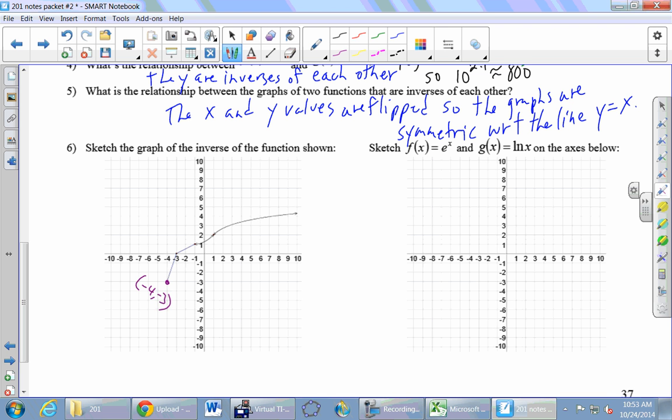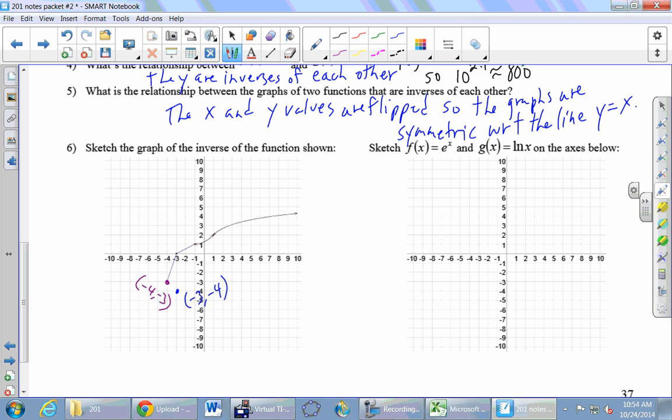That was literally the first step we did in the beginning problem, we switched the x's and the y's. And so if I switch the x's and y's on that point, then what are the coordinates of the new point? It's -3, -4. So let's plot that point, -3, -4, which is here. So that blue point is our first point on the inverse function.